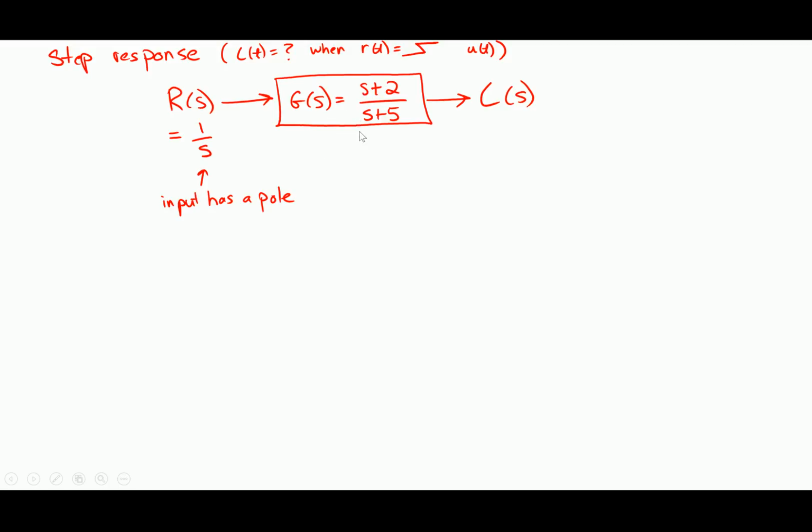You should know that if I have a transfer function like this, I can say that C of S equals G of S, R of S. And if I use Laplace transforms and then apply the inverse Laplace transform, that provides a much simpler way typically to determine what C of t is. So let's play that out.